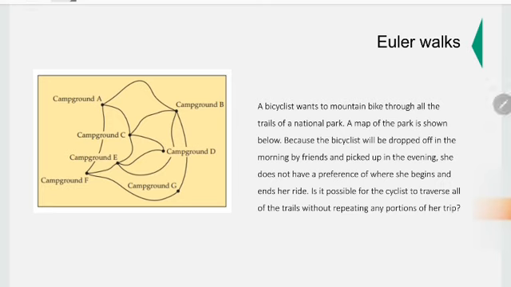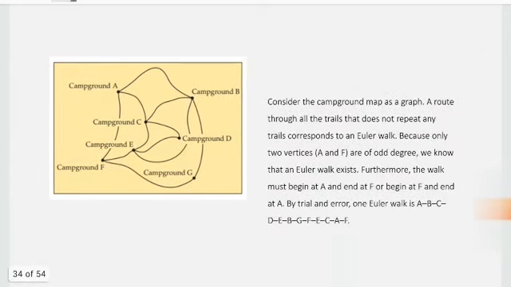Let's check for the degrees. A has 3, B has 4, D has 4 as well, G has 2, F has 3, E has 4, C has 4. So you see all of the degrees are even except for A and F. That's our starting and ending points. Either any of them.